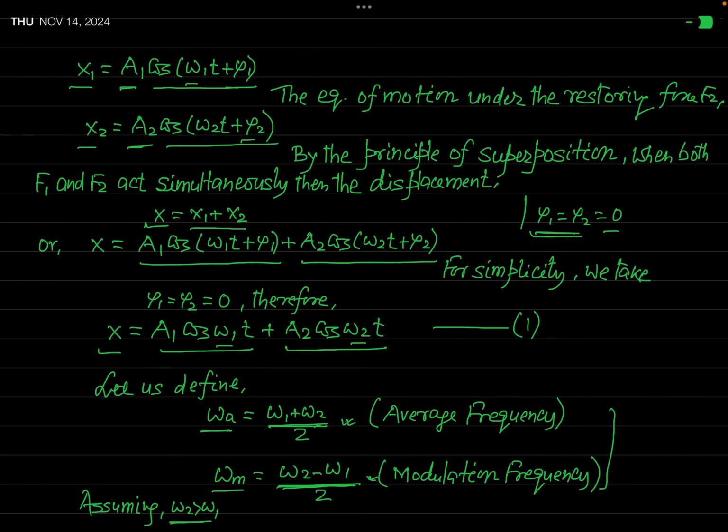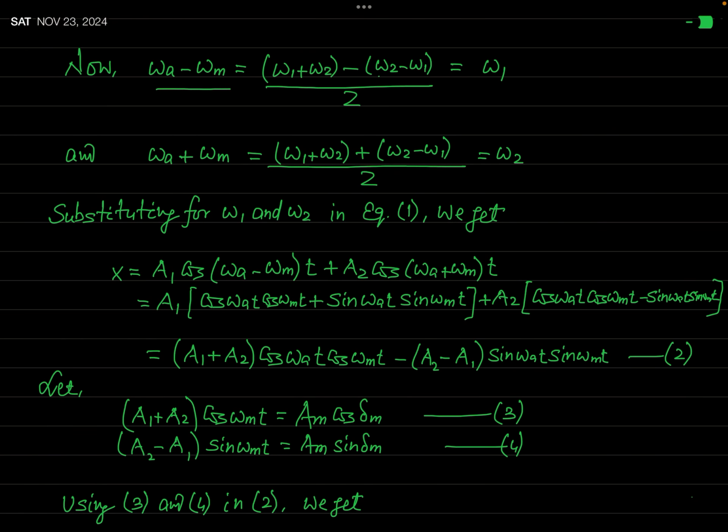Okay. Now, what will be ωa − ωm? As you have seen, we are going to calculate it. So let us put the value of ωa and ωm in this expression. You can see this will be (ω1 + ω2 − ω2 + ω1)/2. Now, when you remove the bracket, this ω2 will cancel out and ω1 will be added up.